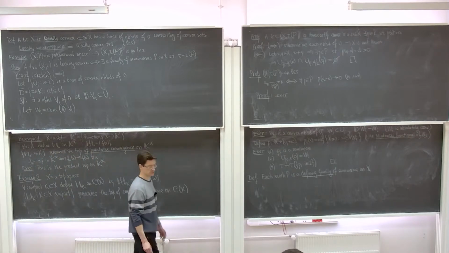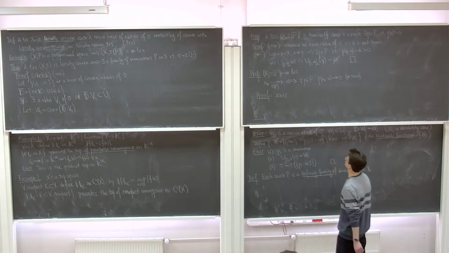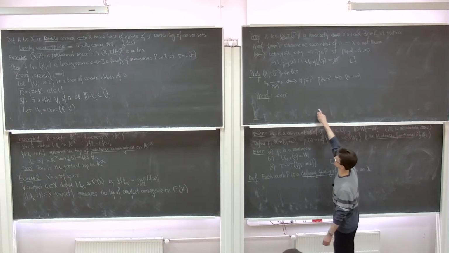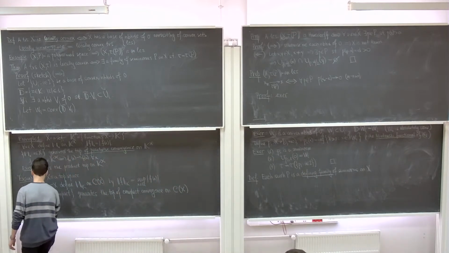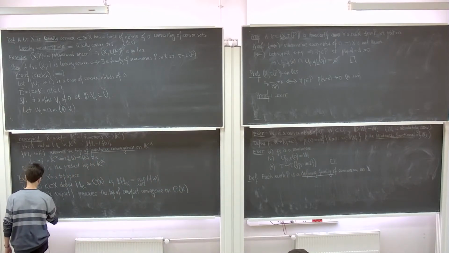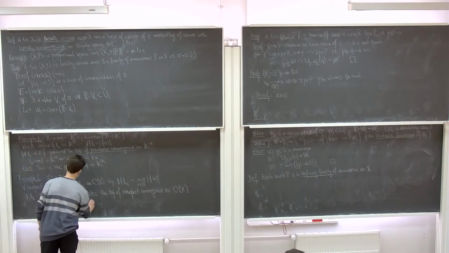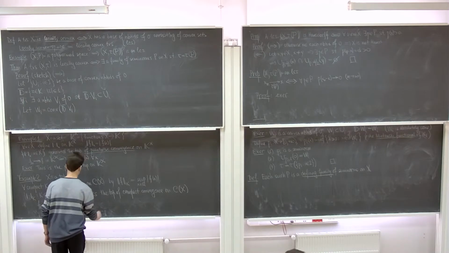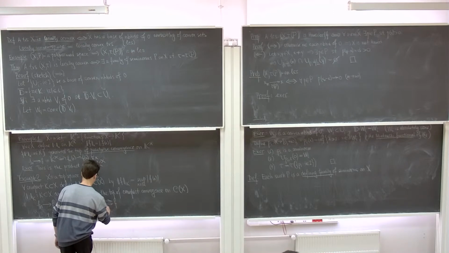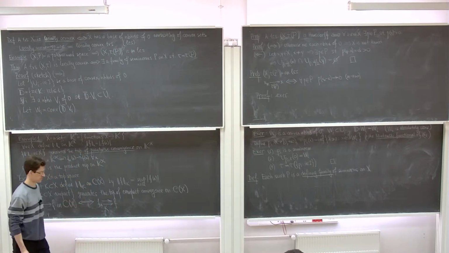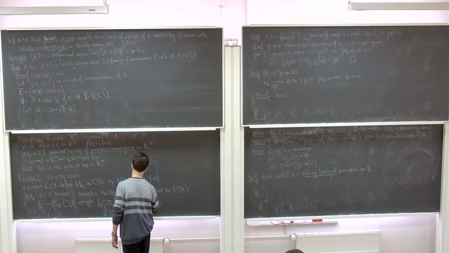In fact, this is a special case of the compact-open topology. If we look again at this proposition, we see that the sequence f_n of continuous functions converges to f in C(X) for this topology if and only if it converges uniformly on each compact subset K of X.